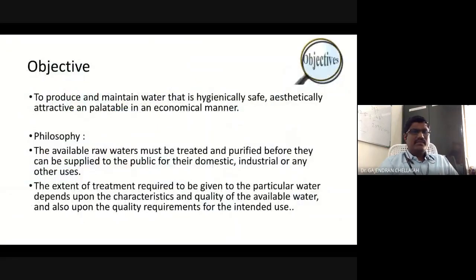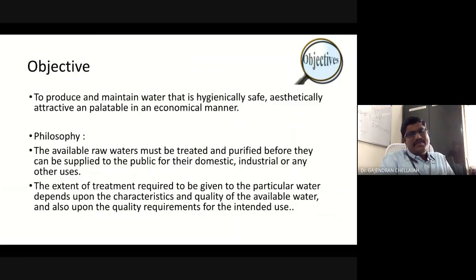So what is the objective of doing water treatment? This is very, very important. To produce and maintain water that is hygienically safe, aesthetically attractive, and palatable in an economical manner. Our first objective is to produce and maintain water.